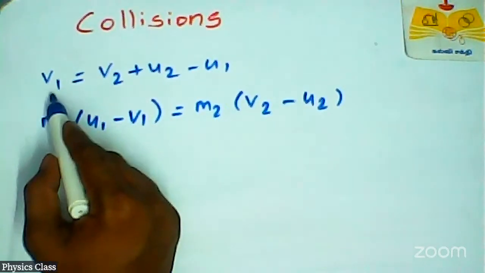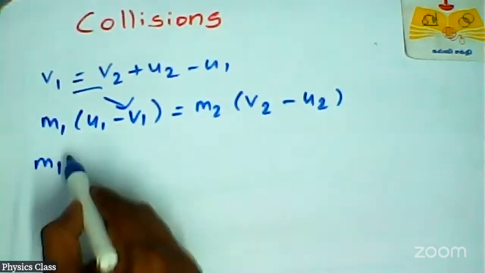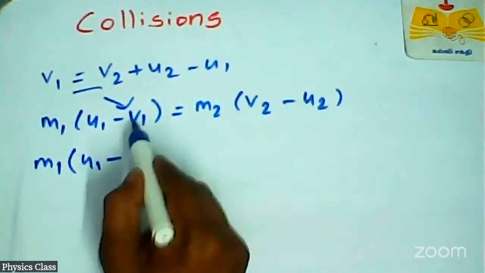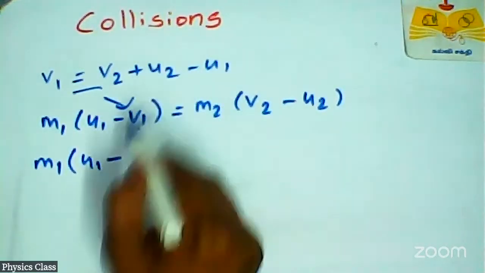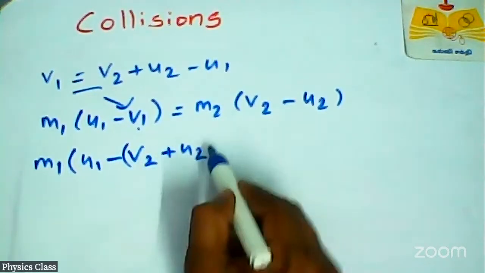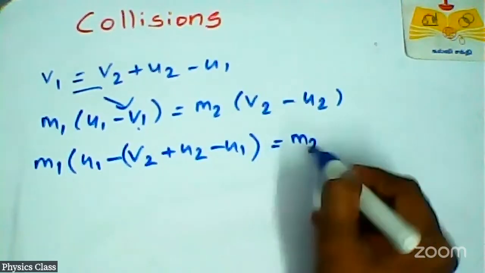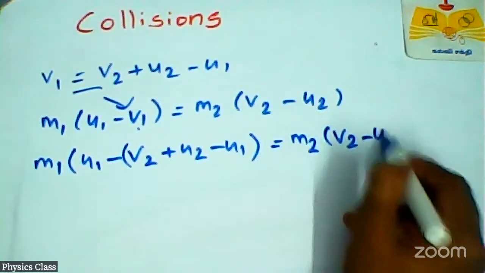So we substitute it here: m1 u1 minus v1 replaced by this, so v2 plus u2 minus u1, which equals m2 times v2 minus u2.